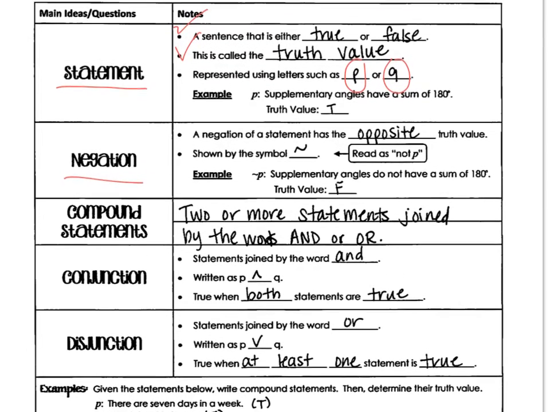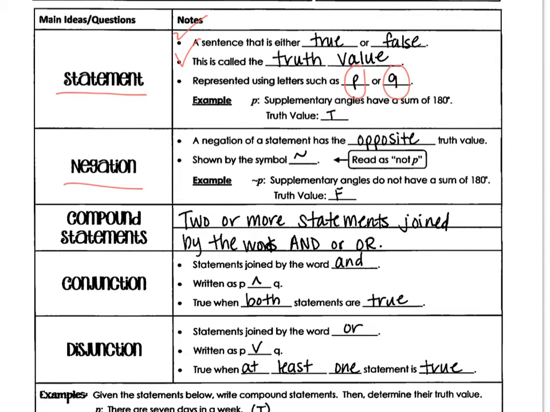Moving on, we're going to talk more about compound statements. For compound statements, we are using two or more statements joined by the words and or. The first type of compound statement we're going to talk about is a conjunction.